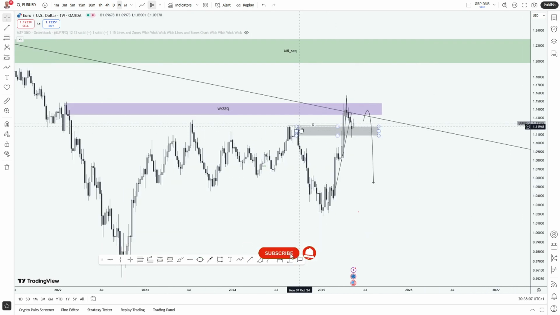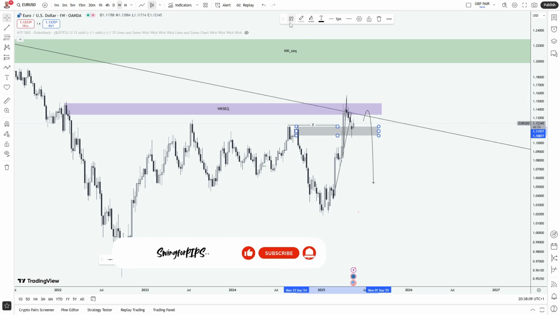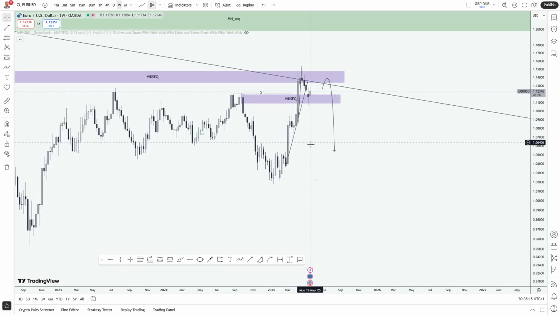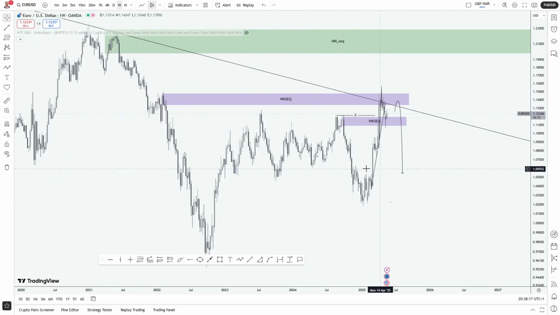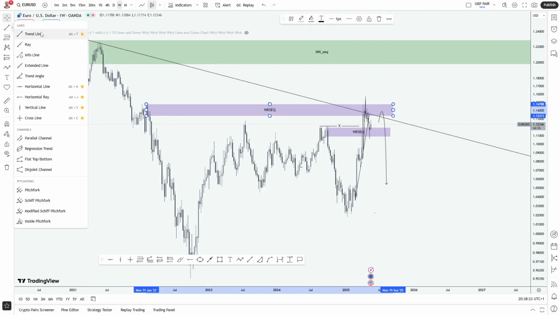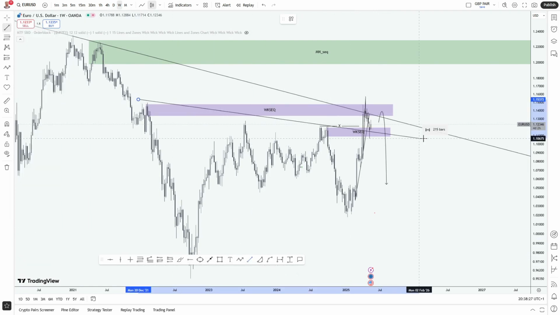Price has eliminated this weekly supply zone right here, and it has also eliminated this trend line, the trend line coming all the way here.